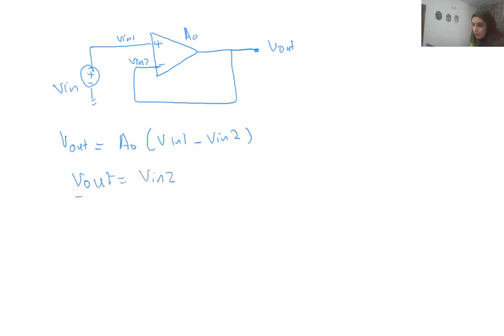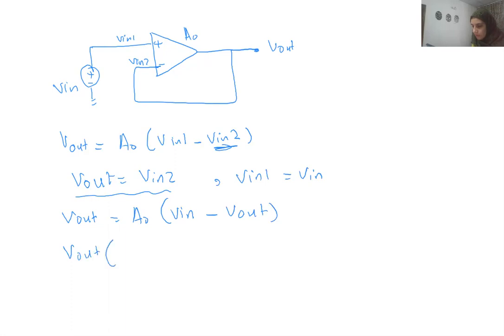Now, if I replace Vn2 in the original equation with V out, we will have V out equals A0 times Vn minus V out, because Vn1 equals Vn. Rearranging, I take this to the other side: V out times 1 plus A0 equals A0 times Vn.